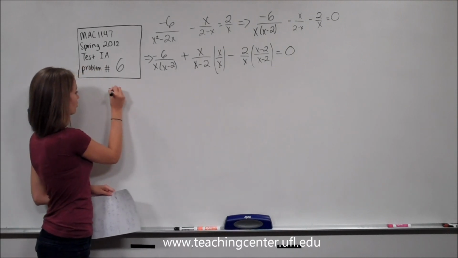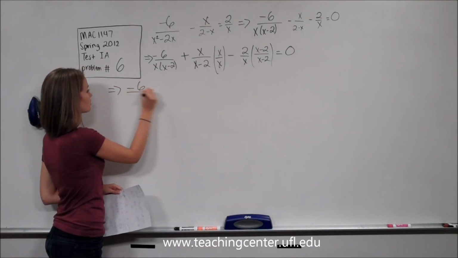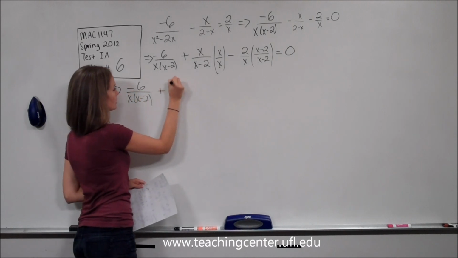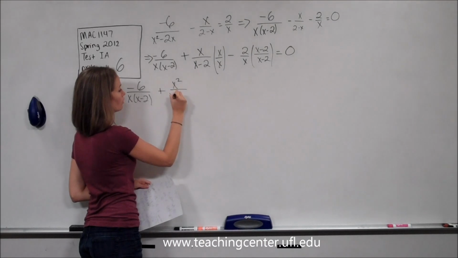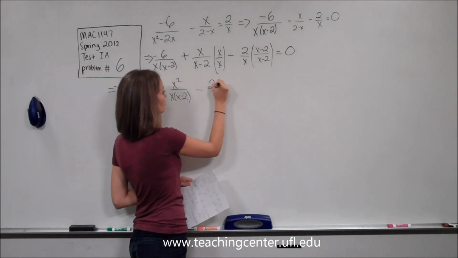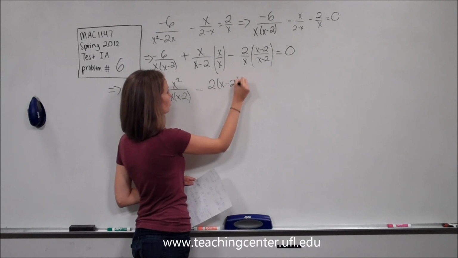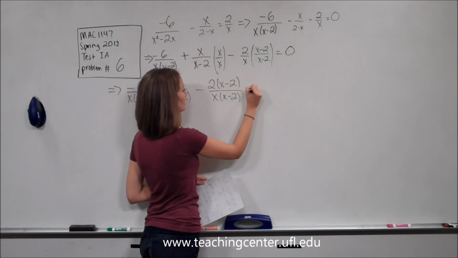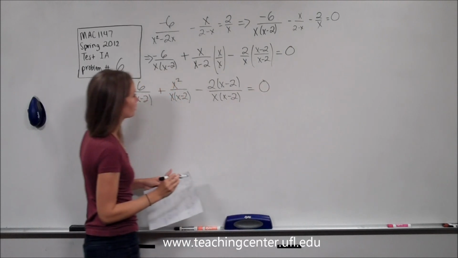So it turns into -6 over x times x minus 2, plus x squared over x times x minus 2, minus 2x minus 2 all over x times x minus 2, equal to 0.